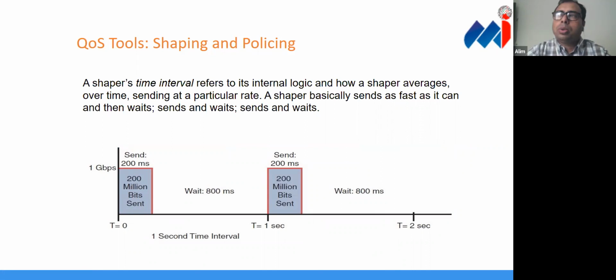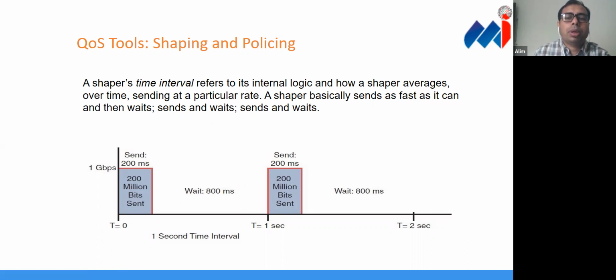So what you need to do is shape your data transfer, so you will not send excess data to the service provider. Before sending, you just shape your bandwidth. So how will you shape?